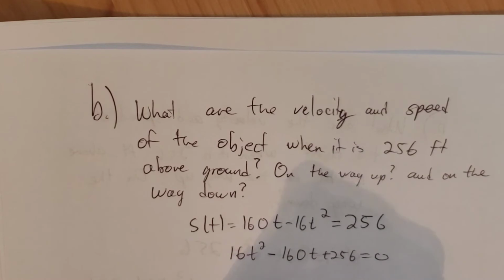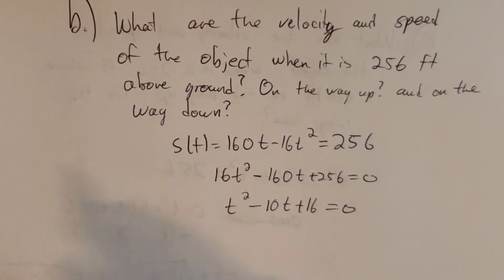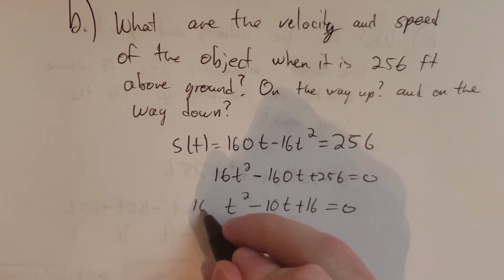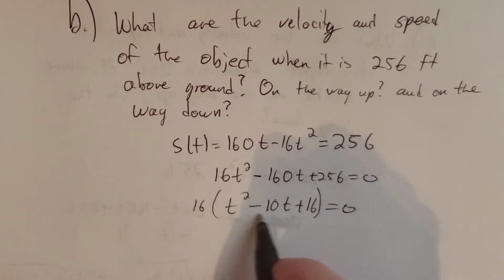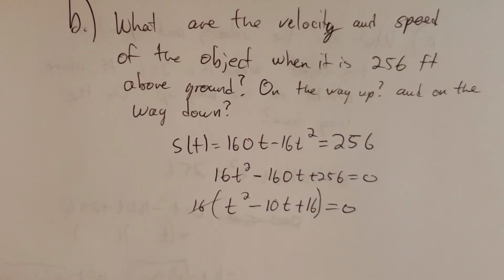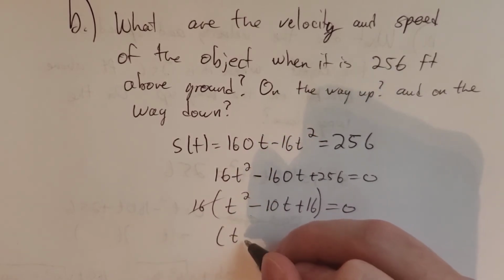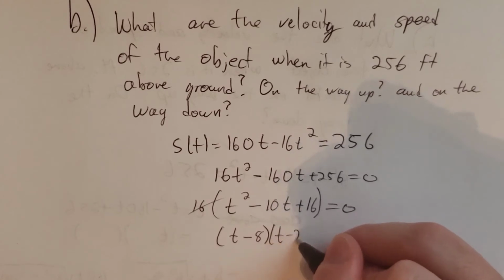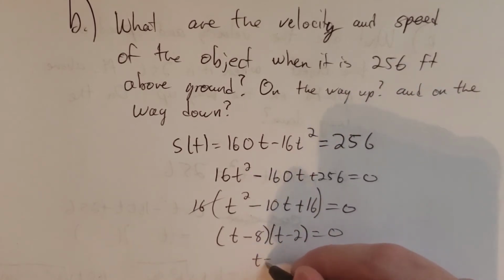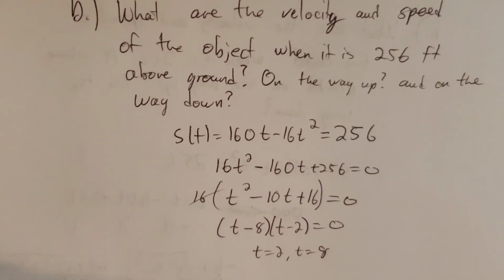We can factor a 16 out of each of these to get t squared minus 10t plus 16 is equal to 0. Really, it's 16 times all of that, but since we're just trying to solve for the value of t that makes this true, we don't need to worry about that 16. This factors into t minus 8 times t minus 2 is equal to 0, or in other words, t equals 2, and t equals positive 8.